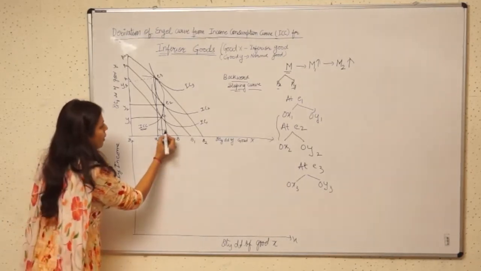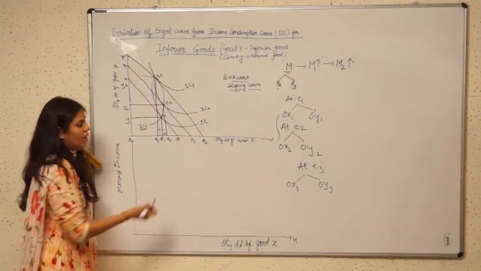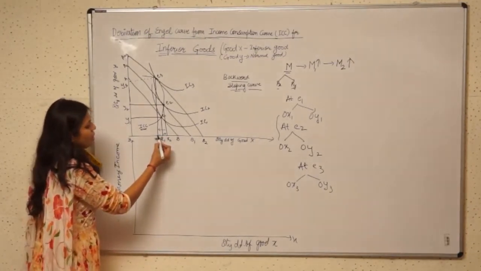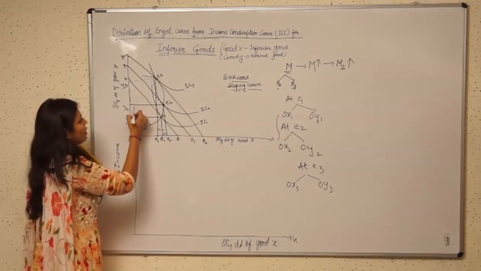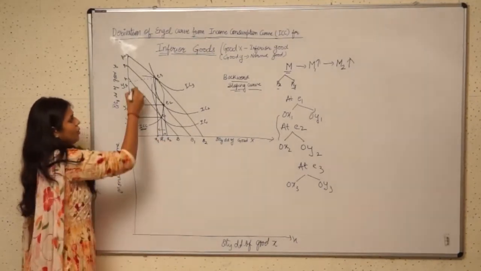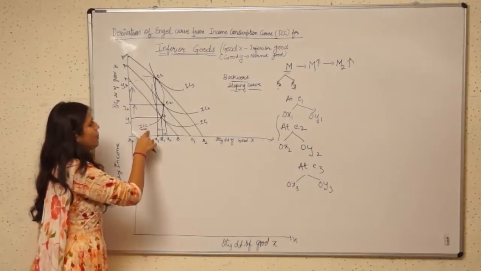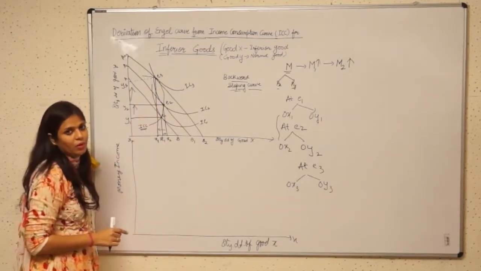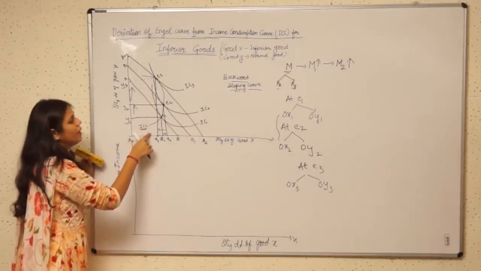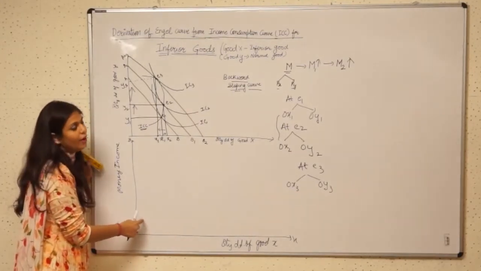But later when his income increases more, he reduces the consumption of inferior good and increases the consumption of normal good. So that is the reason the shape of income consumption curve is a backward sloping curve. Now with the help of this, we are going to derive Angel curve for inferior good.